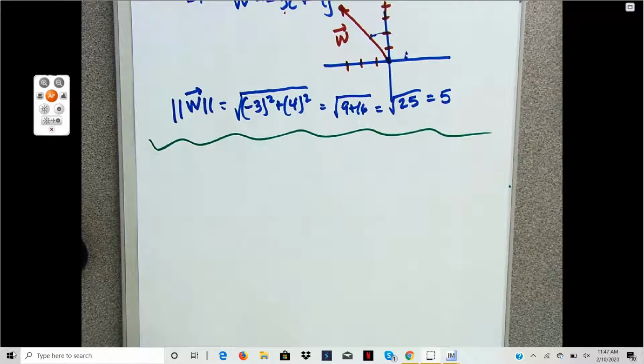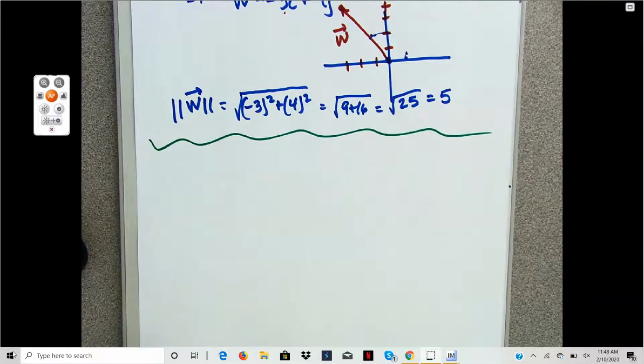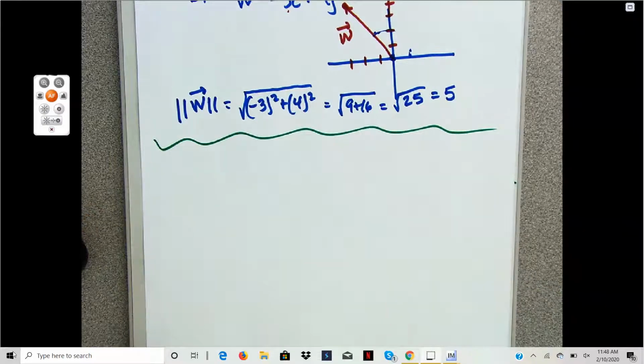All of the stuff that you did with polar, they're going to be doing in a couple of weeks. Parametric too. Basically, you should take pre-calc in order to go to calc. If you don't, you'll struggle a little bit.